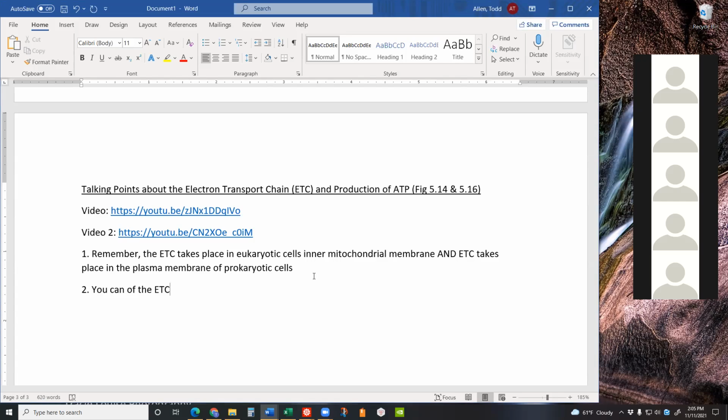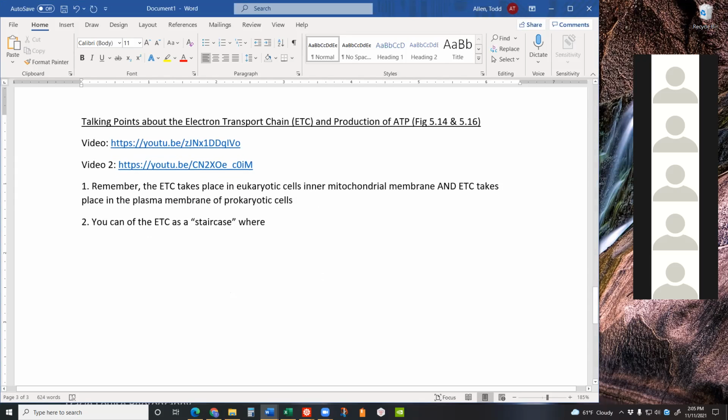They're also lightly shaded purple in figure 5.16. So you can think of the ETC as a staircase where electrons move down each step of the staircase.